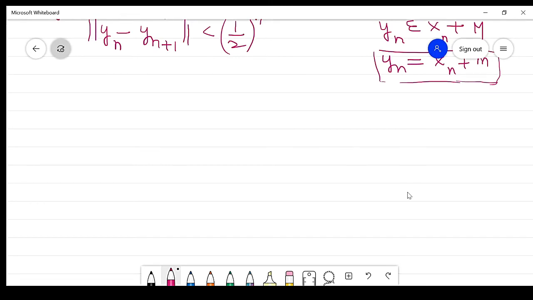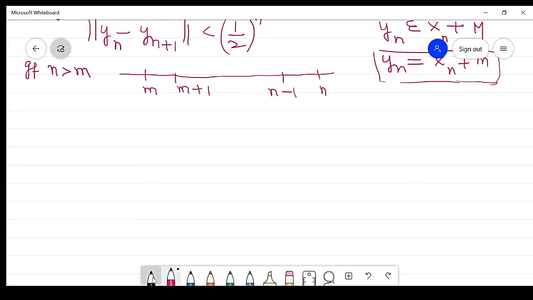Now my aim is to prove that this is a Cauchy sequence, because N is complete, so it will be convergent. Suppose n is greater than m. Suppose this is a real line, and here is m, after that m plus 1 and so on, this is n and the previous term is n minus 1.